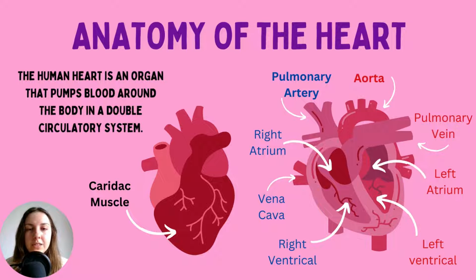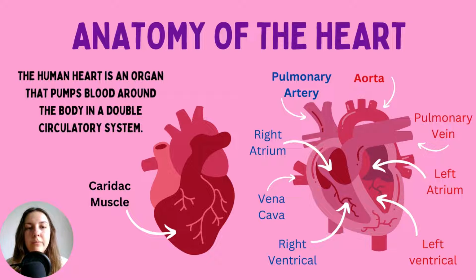So as you can see, we have a picture of the heart. We've opened it. We've got a cross section of it. And you can see there are loads of different parts to the heart. We first need to think about the heart as two separate sections. If you look at the blue section, this is the area where deoxygenated blood comes into the heart and is transported out to get oxygen. Remember that this is an artist's impression.